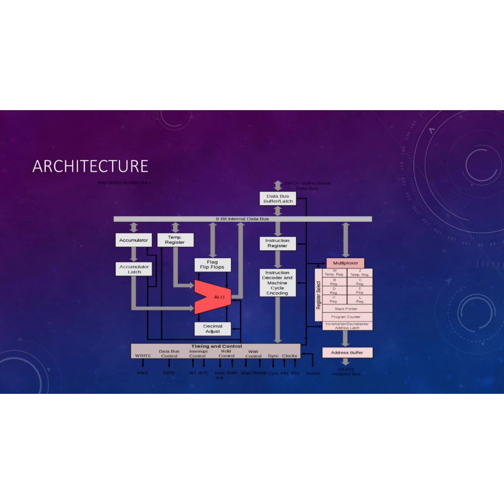It has an ALU and flag flip-flops, decimal adjustment and timing and control, which is write and control the bus, which has a data bus and interrupt control, hold control, wait control, sync and clocks, accumulator, temp register, accumulator latches, and 8-bit internal bus data, instruction register, instruction decode and machine cycle encoding, and it has a multiplexer which has a register select, and last it gives the address buffer.